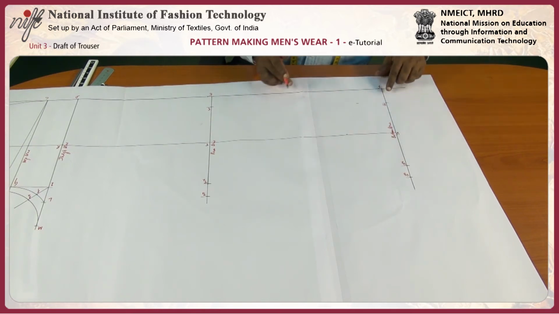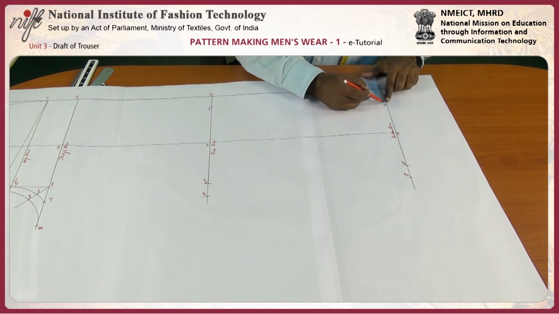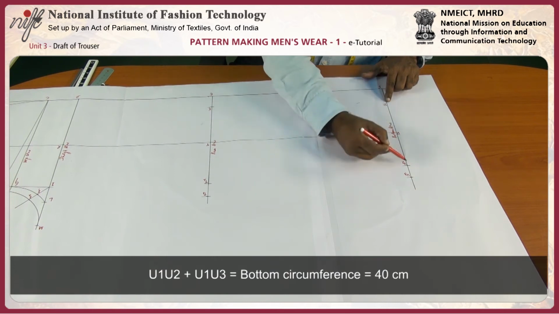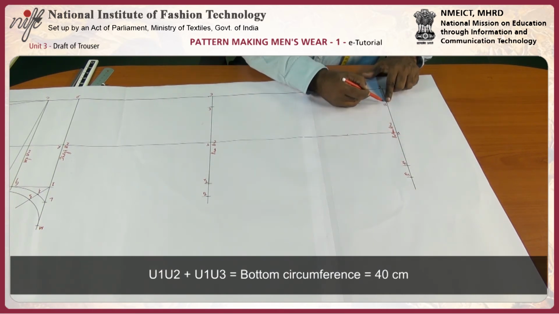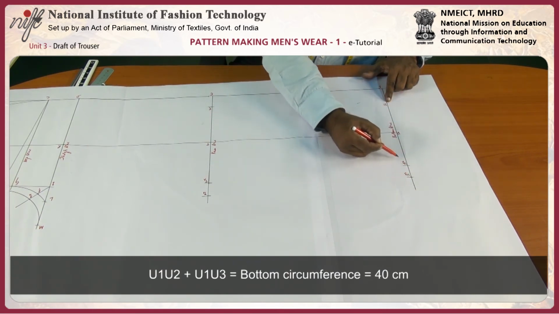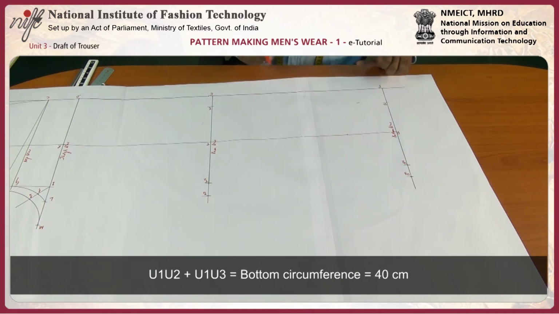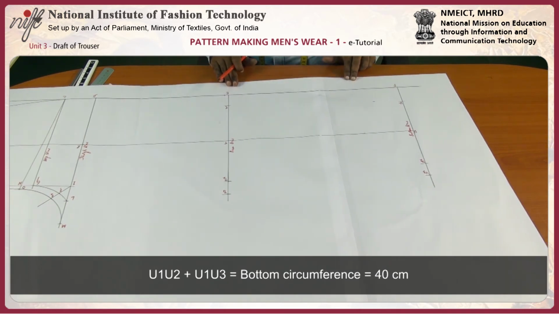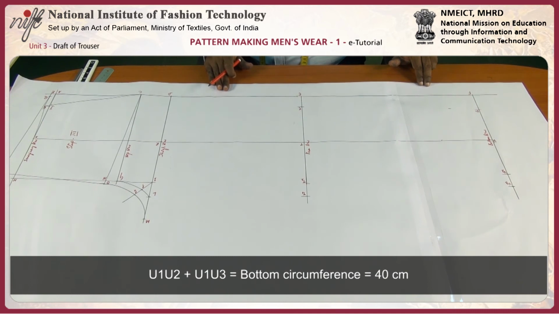U3. U1, U2 plus U1, U3 will be total bottom circumference, which is 40 centimeter. With this, step 3 concludes.